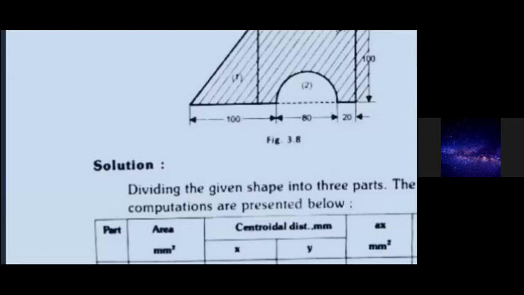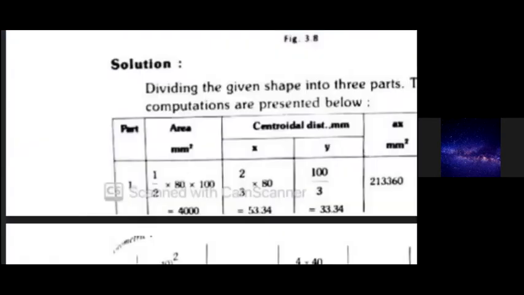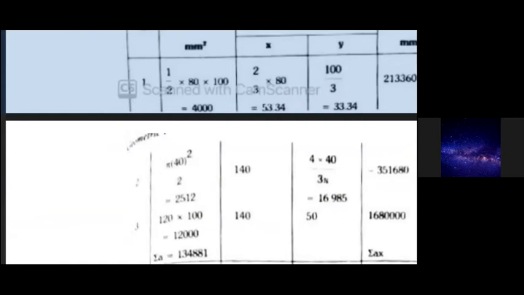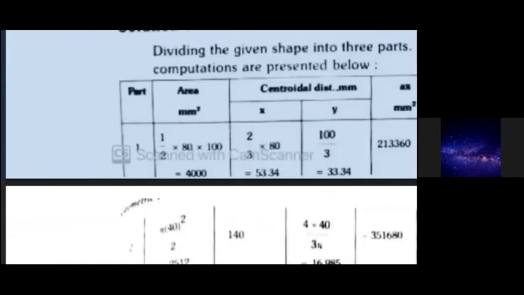Here r is the radius of the semicircle, that is 40. Half pi into 40 square, that is pi by 2 into 40 square. We will get 2512.